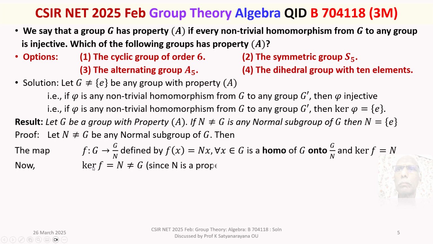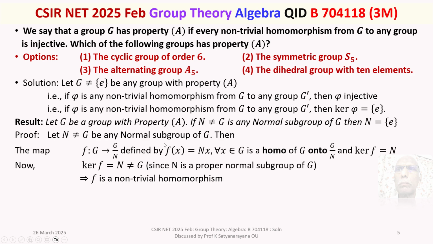Now, the kernel of f is N, where N is not equal to G. Therefore N is a proper normal subgroup of G. So, ker f is not the whole of G. Therefore, f is a non-trivial homomorphism.